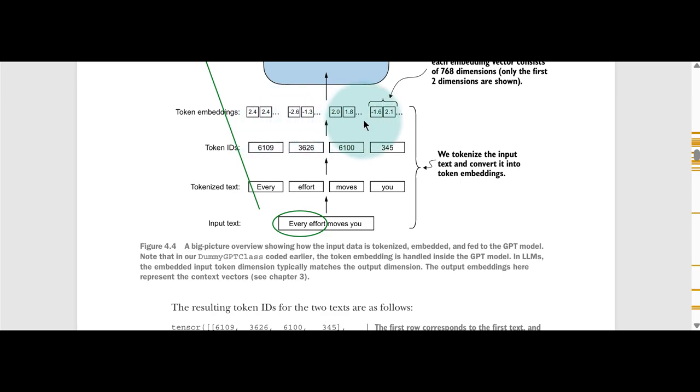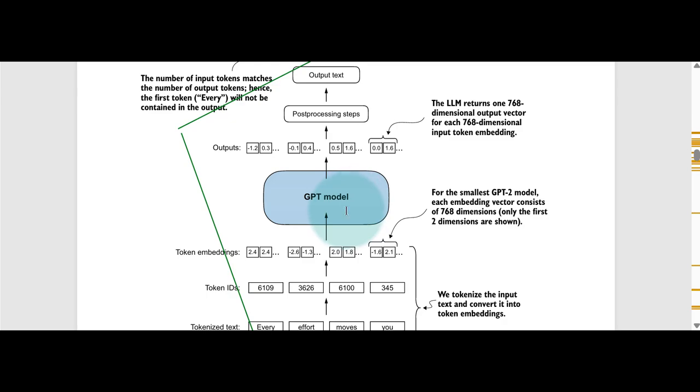So we have 4 tokens, and each one has 768 dimensions. That's what we set up. Then we pass it through our GPT model, and the GPT model is going to output 4 vectors.